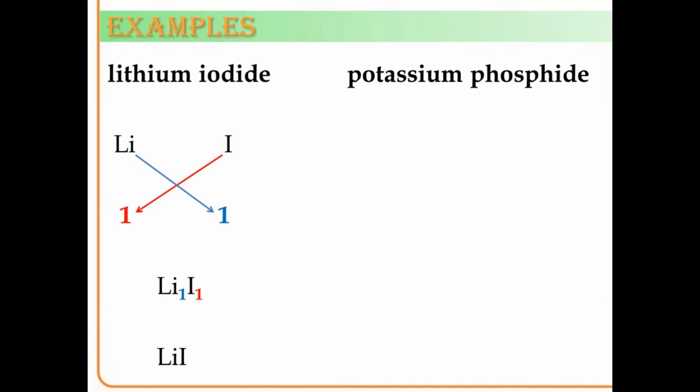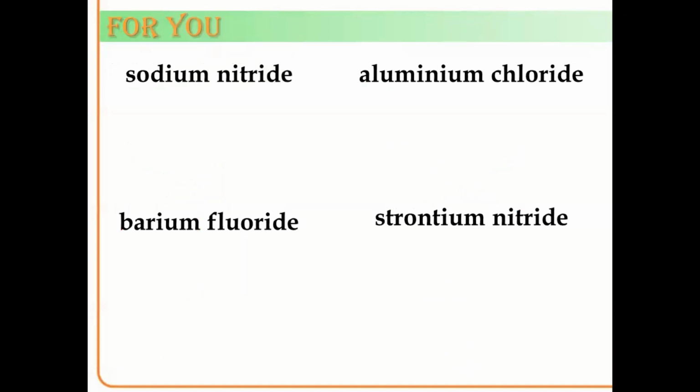Potassium phosphide, same drill. The symbols, the valencies, crisscross, write down the formula, K3P1, simplify, and then I get my formula as K3P. We move on, but now I'm going to give you a few for you to do.